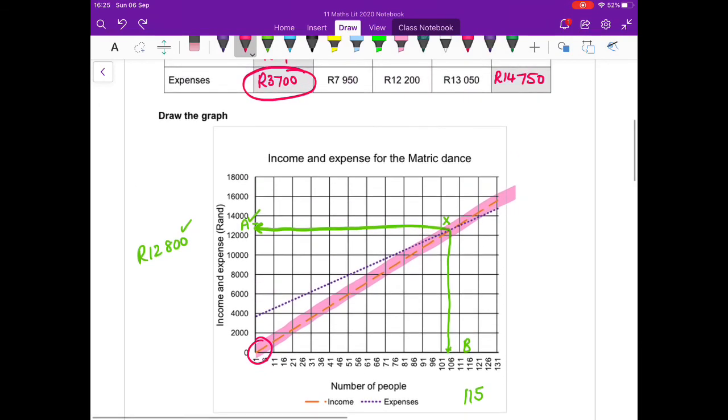Your income was 120, so it increases at 120 Rand per person. This graph shows no proportion because it does not start at the origin. There is a constant increase of 85 Rand per person.